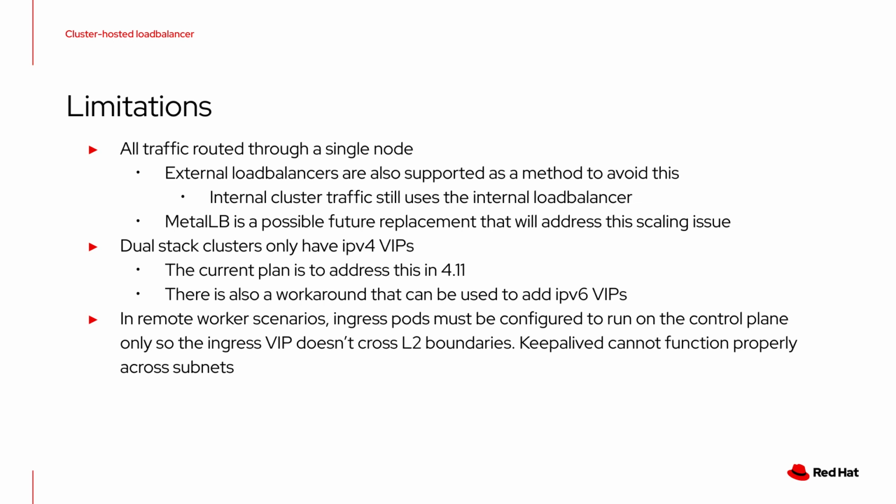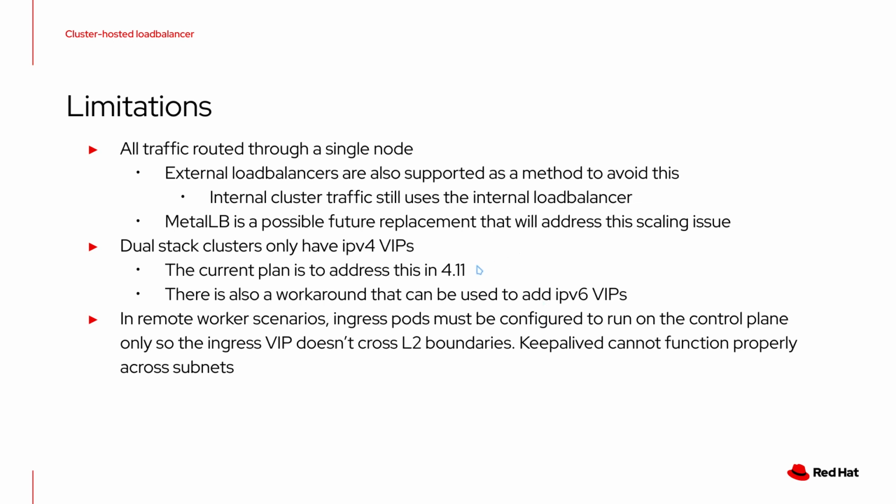And also, when we did add dual stack support, it was assumed that all of the cluster nodes would have access to both IP versions anyway, so it didn't really matter if the VIPs were only one or the other. Unfortunately, it turns out that customers were running IPv6 single stack applications on their dual stack clusters, and then those did not have access to API or ingress because they couldn't get to the IPv4 VIPs.